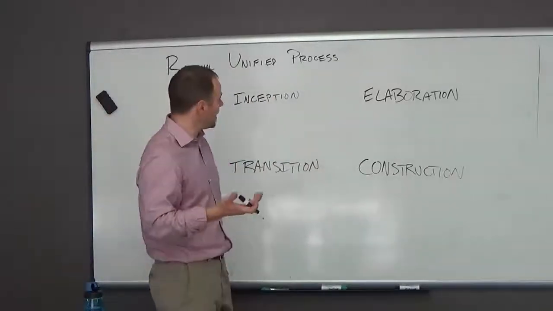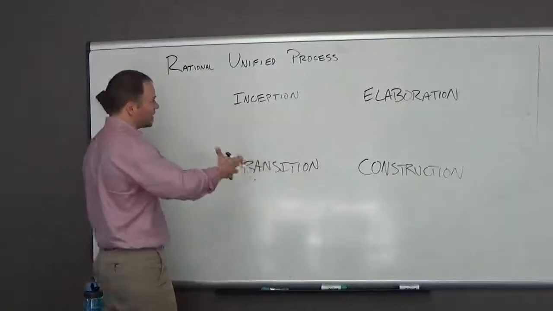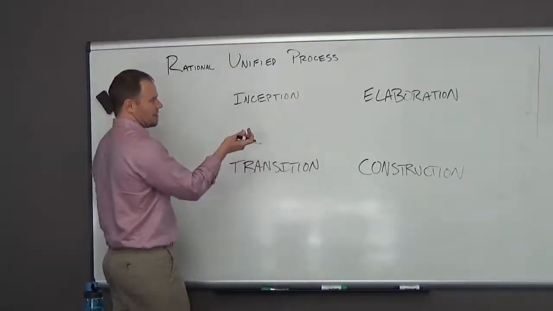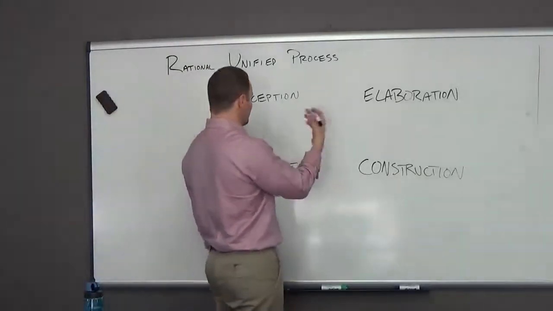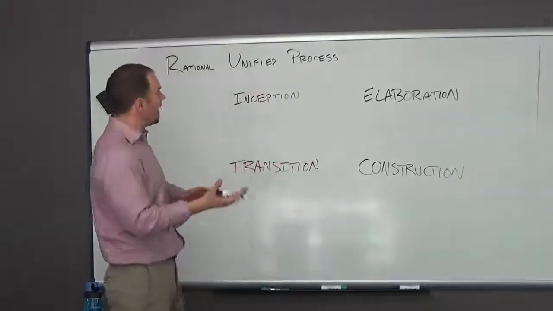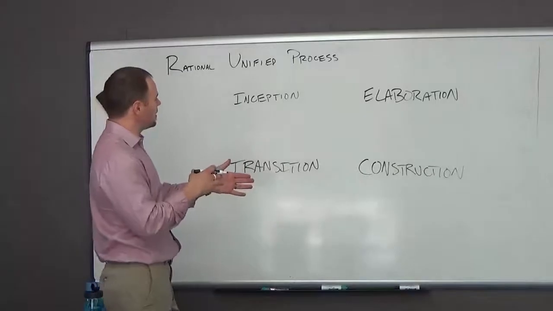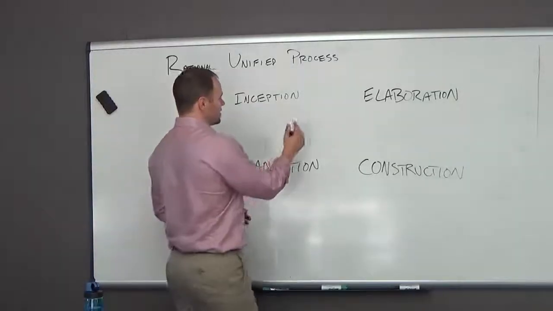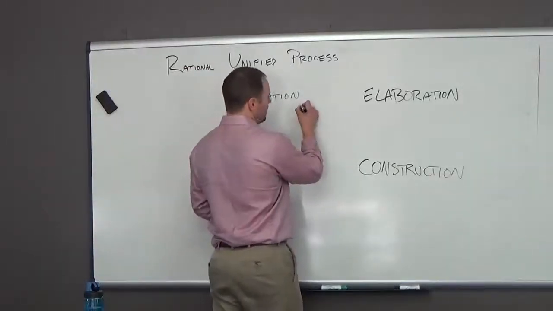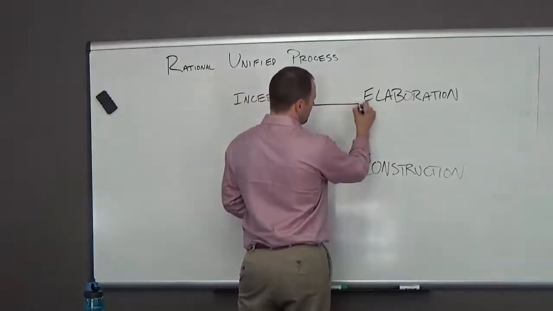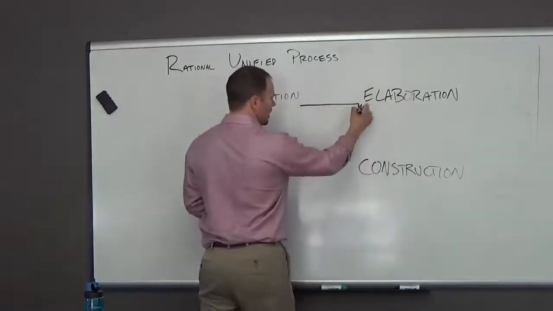So you start by coming up with some sort of idea, just like we saw in the last methodology. The inception of the idea requires a little bit of analysis, so they sort of combine early analysis and the idea or the problem you have with the idea of inception. And then you go from this stage to elaboration. It's an arrow here.